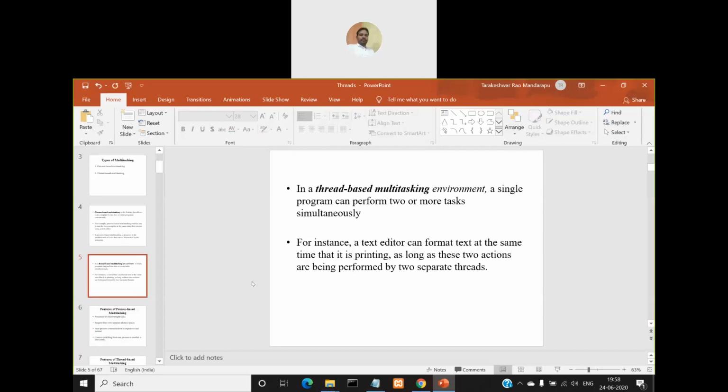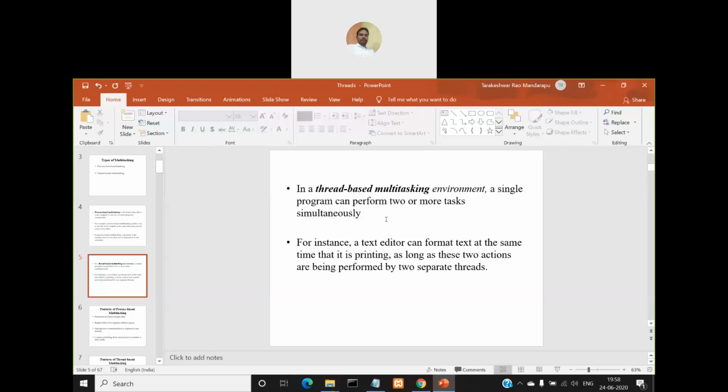But coming to thread-based multitasking, instead of having multiple processes concurrently executed, there is one process, and that process is divided into multiple parts, right? Each of those parts is called a thread, and switching takes place between threads.